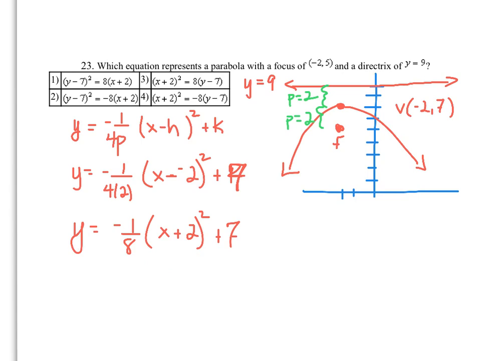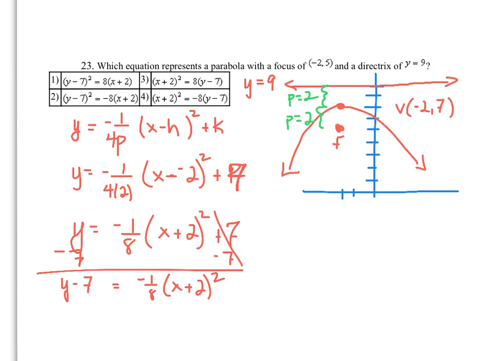So I'm going to subtract 7 and subtract 7, just in an attempt to make it look more like the answer choices. If it was an open-ended question, I'd be done already. So I have y minus 7 equals negative 1/8 times (x + 2) quantity squared.